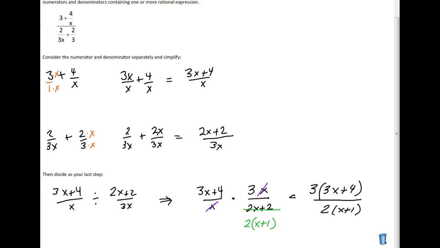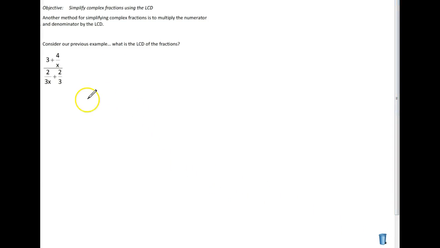Now let's take a look at simplifying it using the LCD. So that's the second method. When you're going to simplify using the LCD, what you do is you look at all fractions that are involved here. So I have 4 over x, this is 3 over 1, 2 over 3x, and 2 over 3. And I say, what is the LCD for all of those fractions?